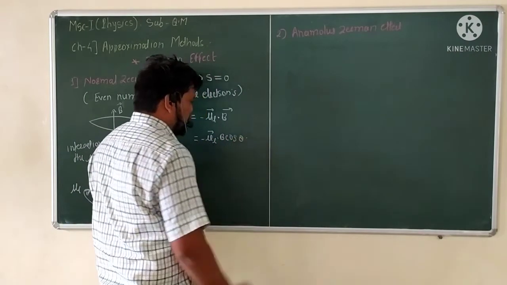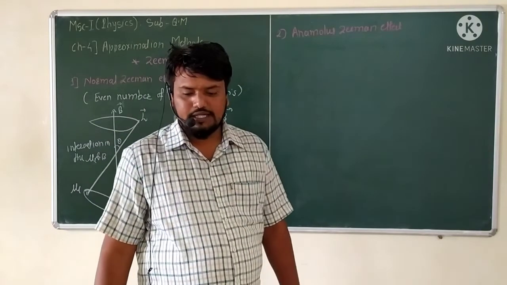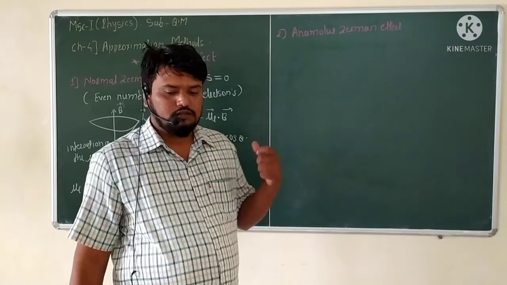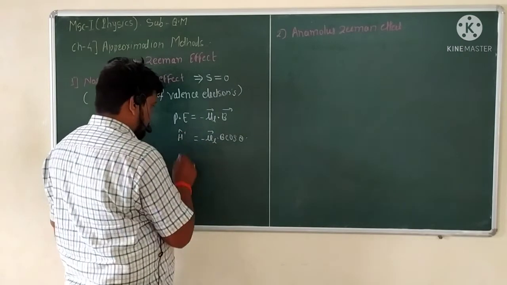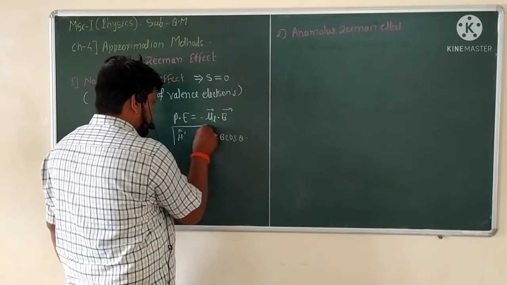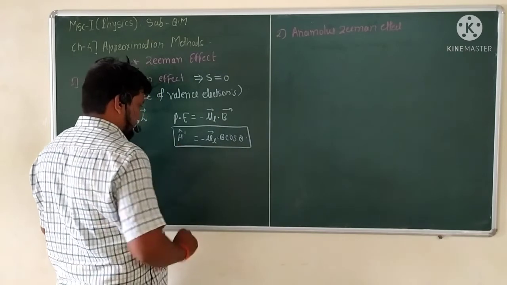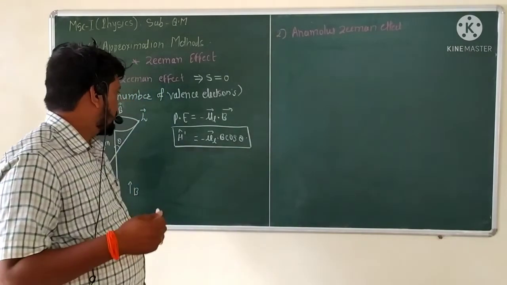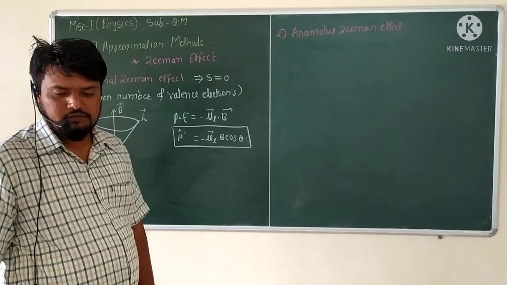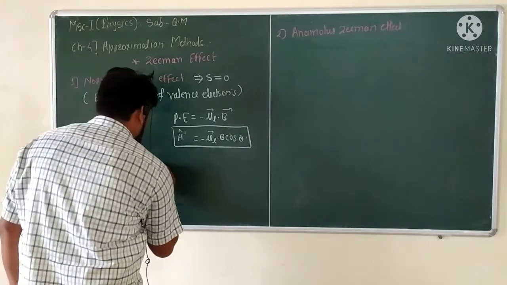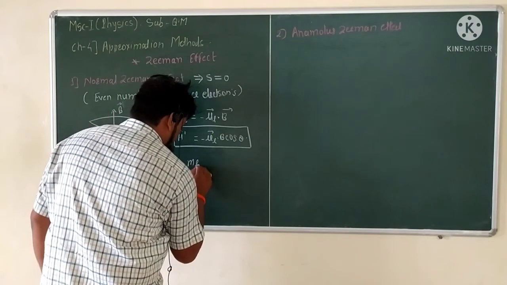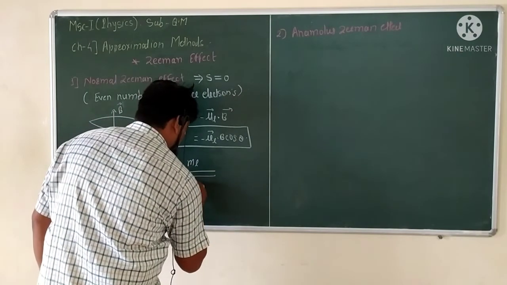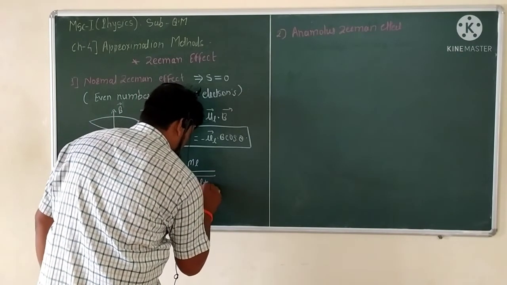The perturbed energy H prime is equal to mu L B cos theta, where cos theta is equal to ml upon root of L into L plus 1.